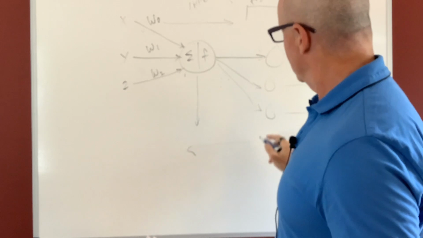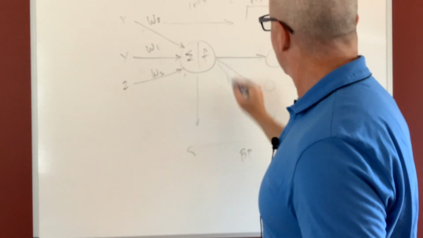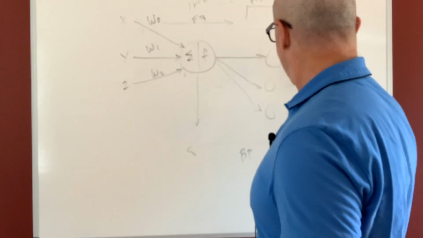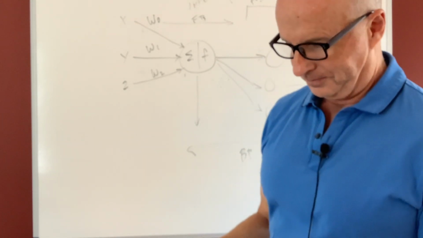This is done iteratively, right? It does a forward propagation, and then a back propagation, and then goes back through and does this until the error is minimized.